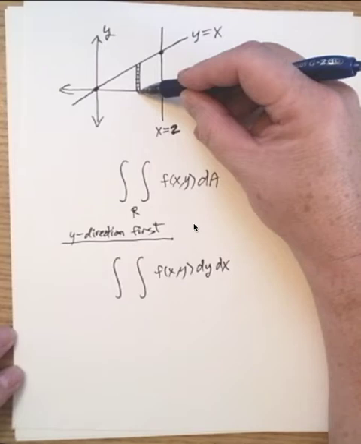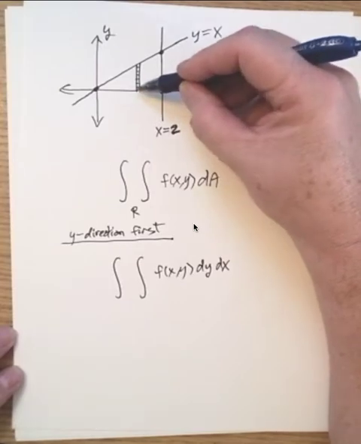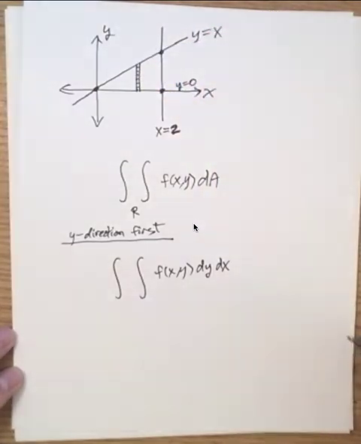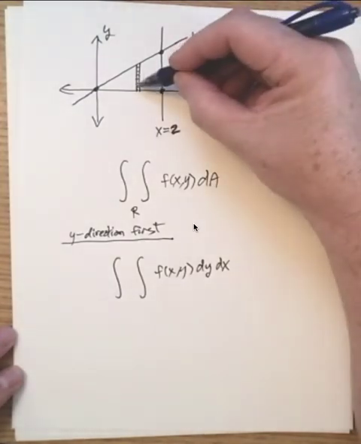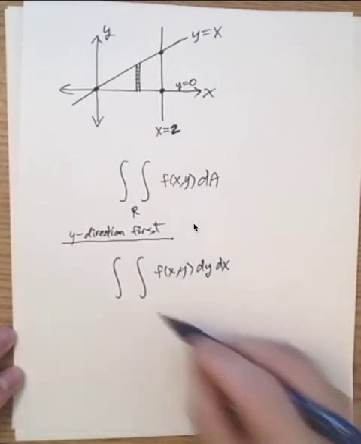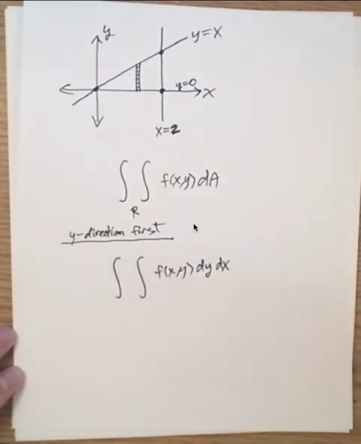I've got an x sub i there. It's fixed. And then I'm going to be taking sample points in each of these subrectangles. And then I'm going to take the limit as the norm of the partition in the y direction goes to 0. And that gives me this inner integral.